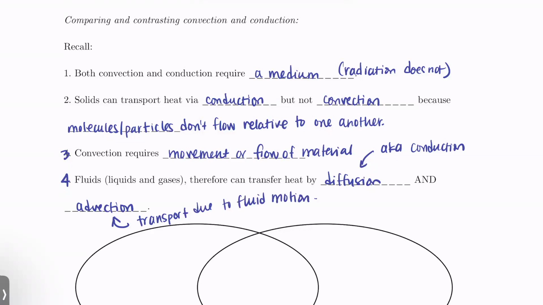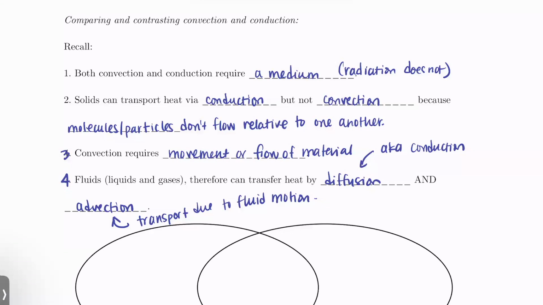And so diffusion and advection you can think of in terms of heat transfer. You can also think about it in terms of the transport of any other kind of material. So if you had, for example, a bucket of water and you put a drip of ink in there, the ink will disperse via diffusion. So that's random molecular motion.